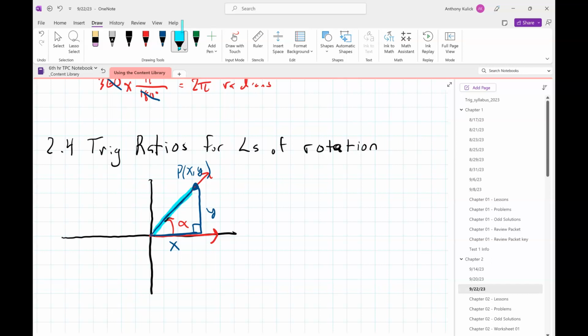How can I represent that side there? That distance from P to the origin. It's the hypotenuse of the right triangle, so I could do the Pythagorean theorem on that, right? So I could call this then the square root of x squared plus y squared. But woo, that's a mouthful. We're just going to call that r.